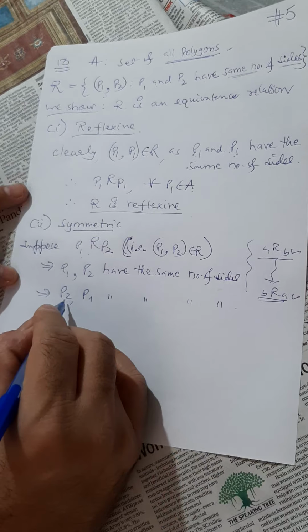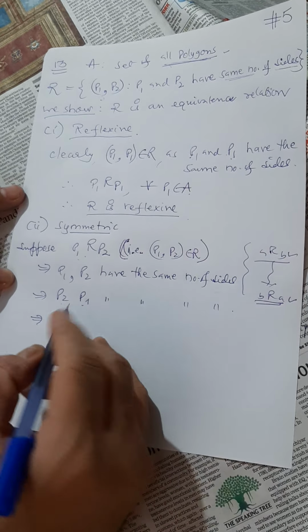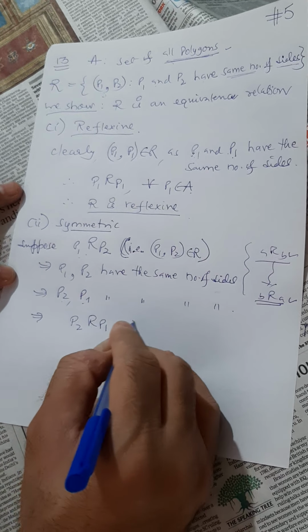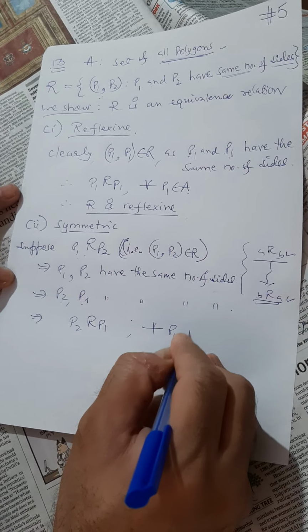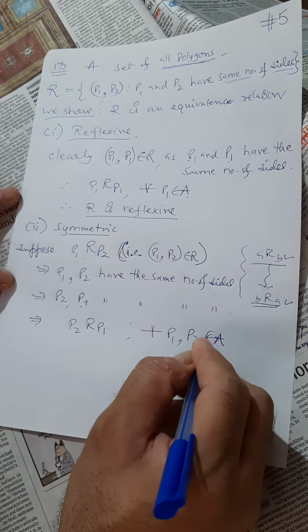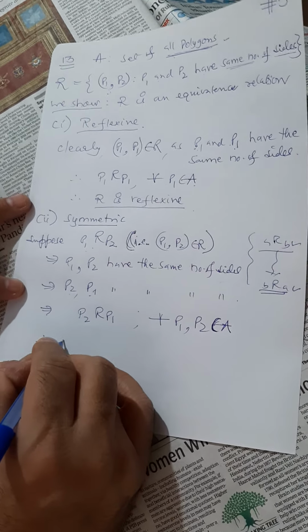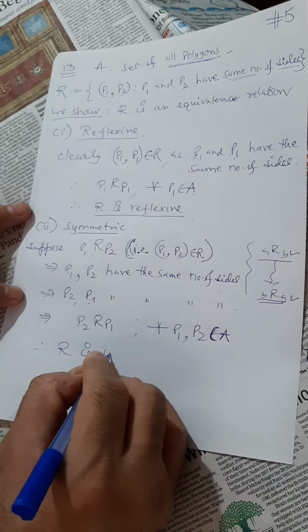And what is the meaning of this? You can say that P2 is related to P1. And this is true for every P1, P2 belonging to the set A, that is, for every polygons P1 and P2. Therefore you can say that R is a symmetric relation.